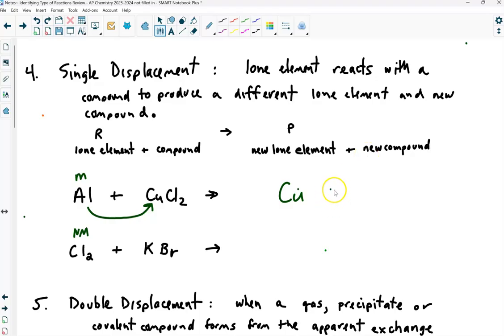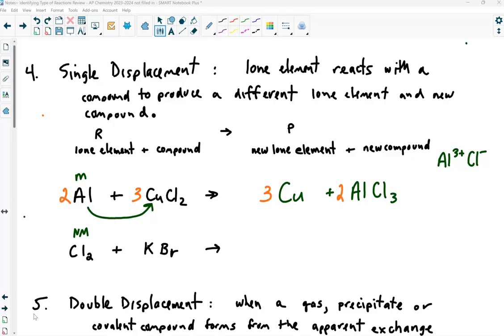The other product will be when aluminum then bonds to chlorine. Well, aluminum is a metal, chlorine is a nonmetal, so you would have to write the ions off to the side here. Aluminum is a 3+ ion. Chloride would make a -1 ion, and they would bond in a 1:3 ratio. So you're making an ionic compound there. And so this would be your products of the first reaction there.